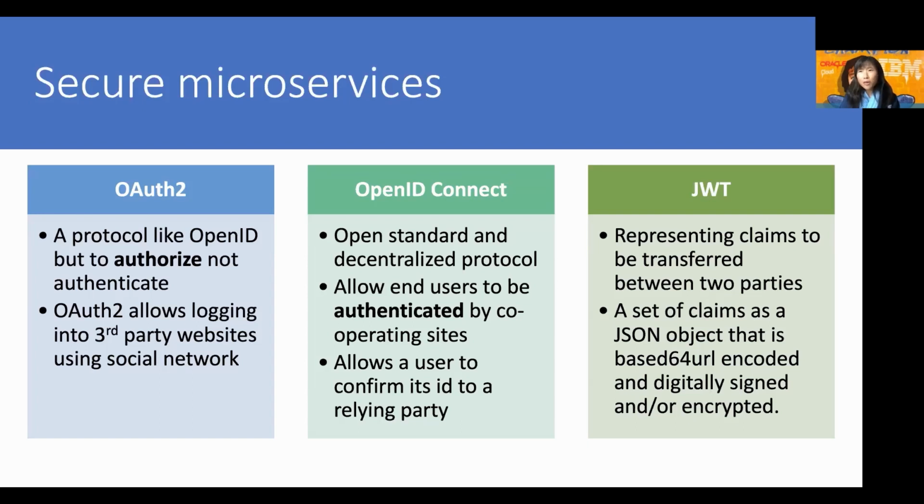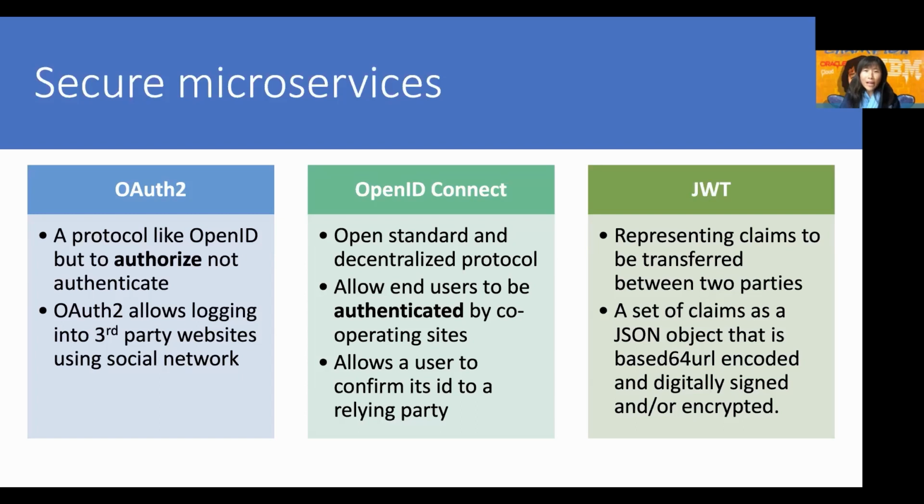For example, when you first log on to a website, you might have seen a pop-up that says, do you want to log in using Facebook or using GitHub or using Google? That is OAuth2 working in the background. Basically, OAuth2 allows logging in to a third-party website using a social network.